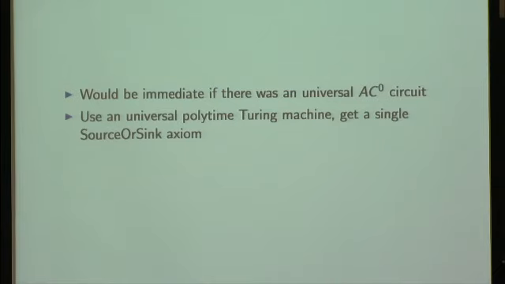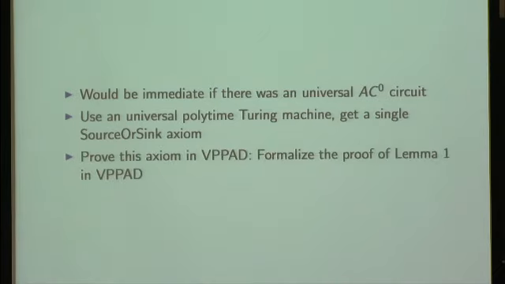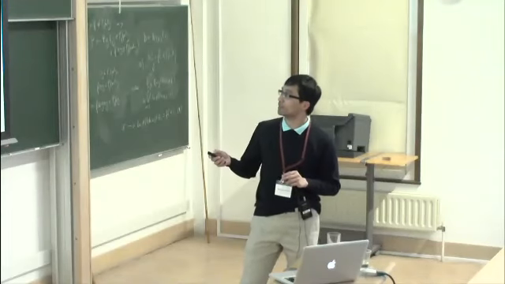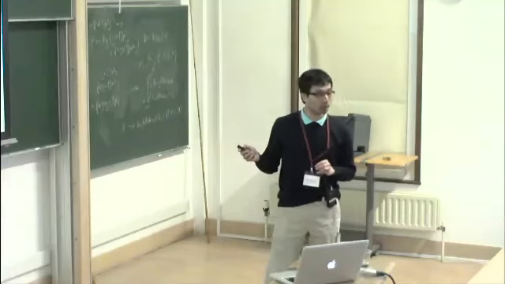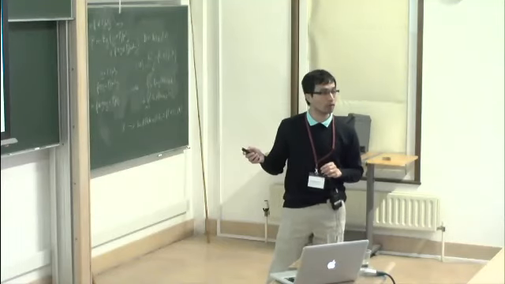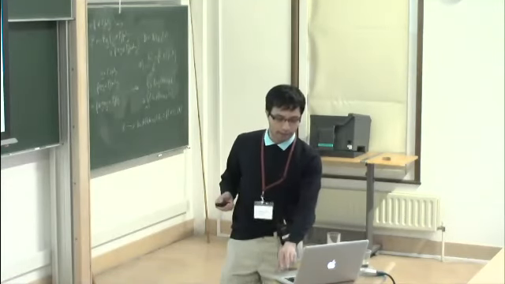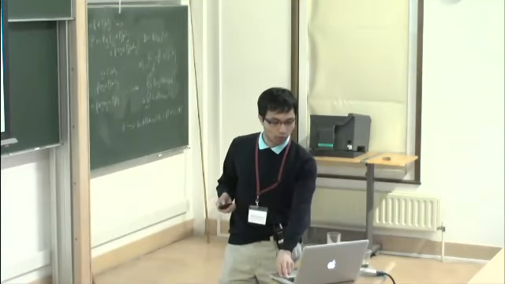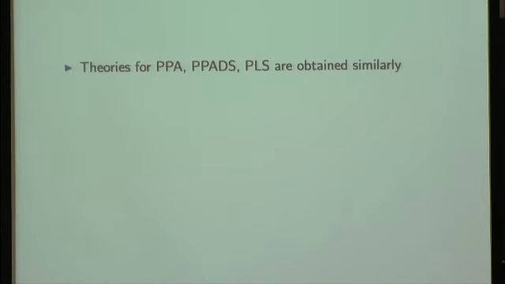Then we can show that that axiom is provable in our theory, and this is in fact proved by formalizing the proof of lemma 1 that we have seen before. And this axiom is powerful enough to prove all axioms in VPPAD. Therefore, VPPAD is finitely axiomatizable.